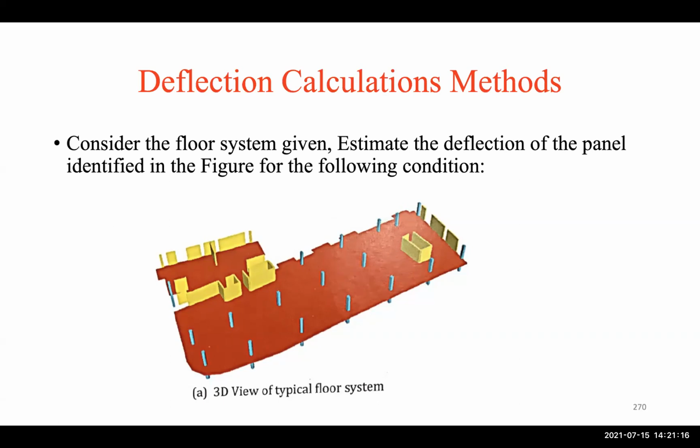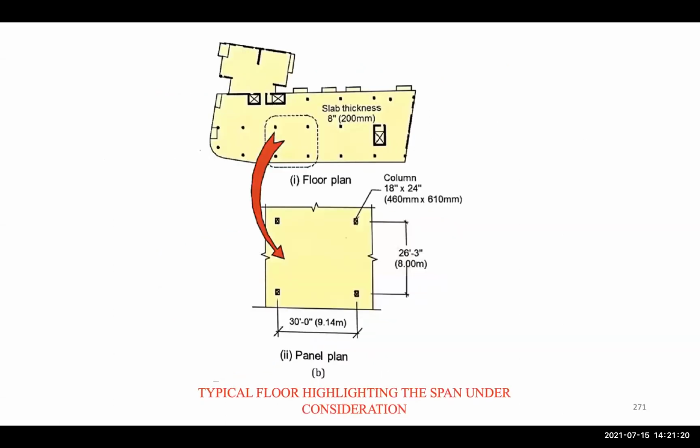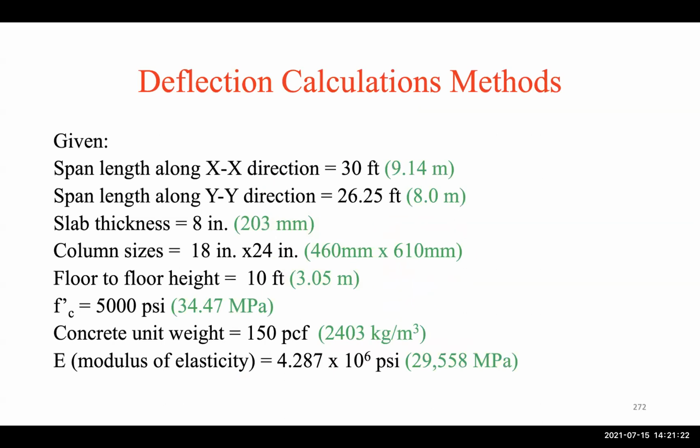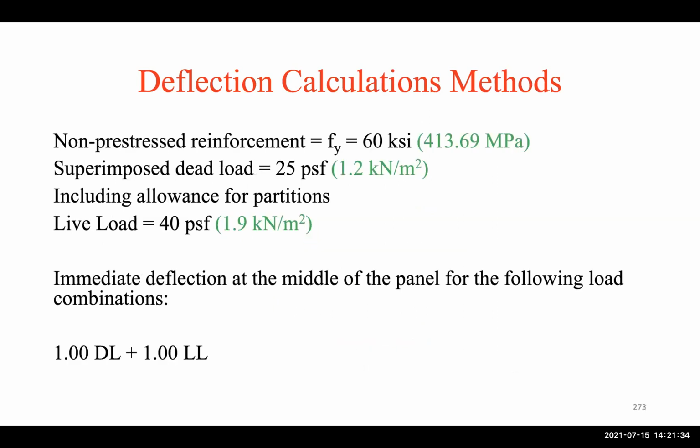But if we are looking at a floor like this, and taking a panel, this is the given information: the slab thickness, column sizes, and the concrete that we're using, 5,000 psi, normal weight concrete, and the modulus of elasticity is calculated, and the steel is also known, the superimposed load, the live load, everything is given.